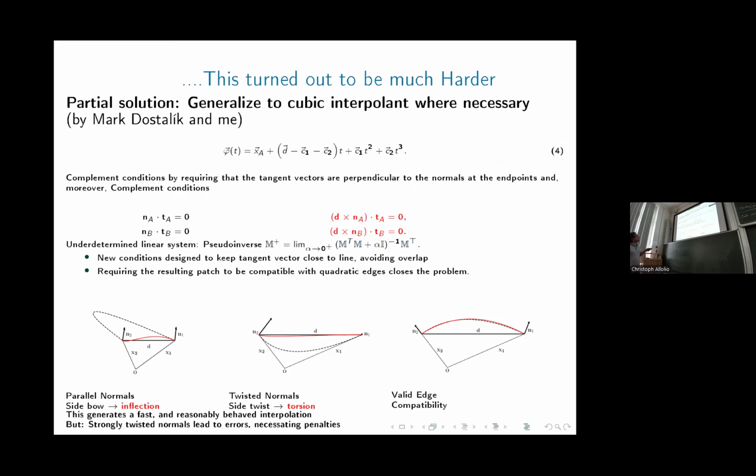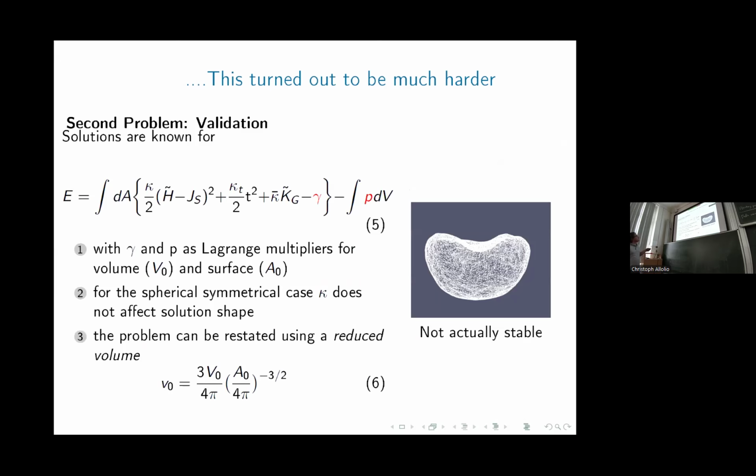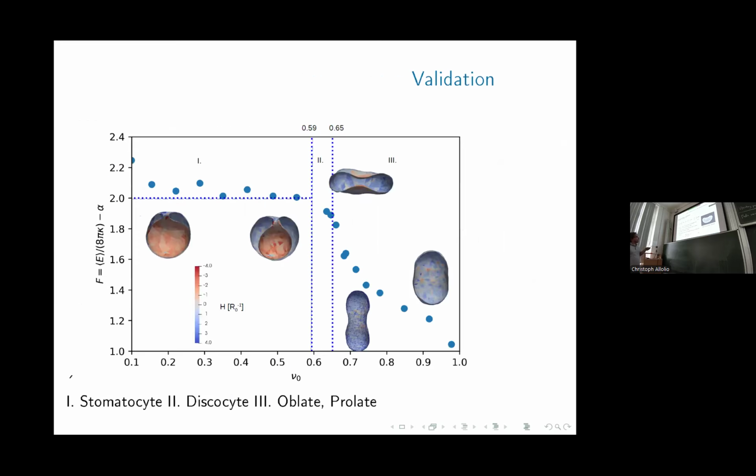Ask me later if you want to know more about it. In any case, with this discretization, we minimize this functional more or less, and we obtain the known solutions for the Helfrich theory. So this works.